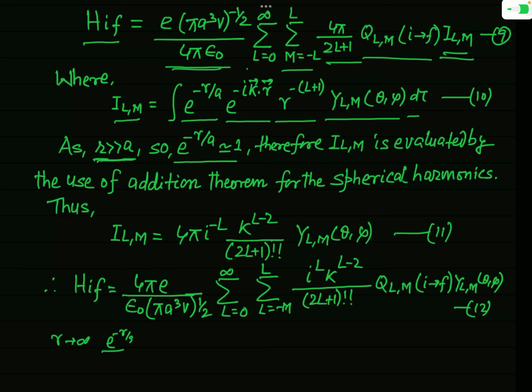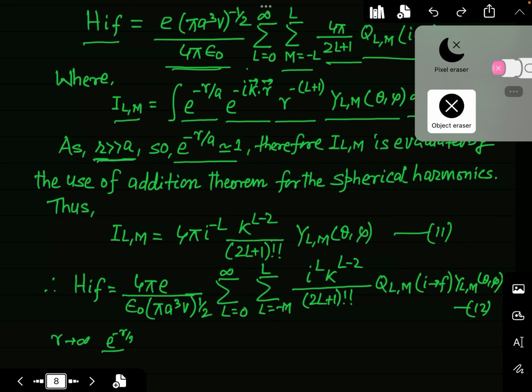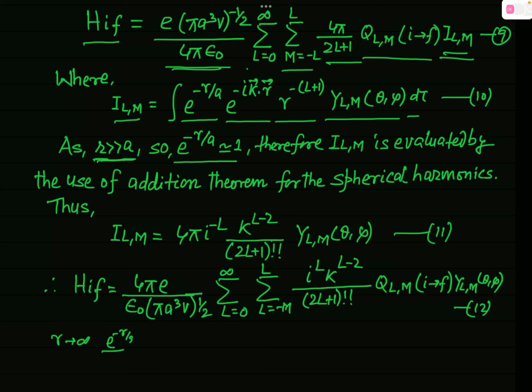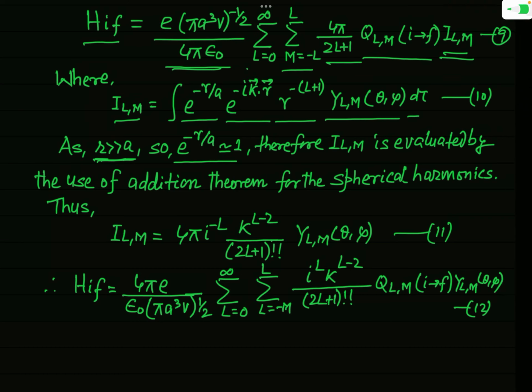So you can say that since r is much greater than a, e to the power minus r by a may be approximated as 1. And if we consider that e to the power minus r by a is almost equal to 1, then this I_LM can be evaluated by the addition theorem for the spherical harmonics.